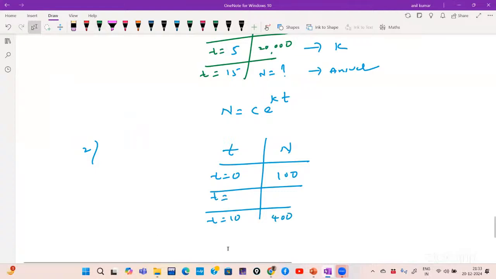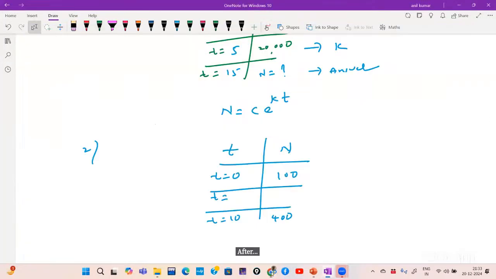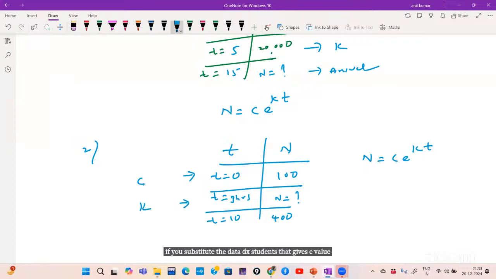I think the question is after 3 hours. Use the formula N equal to C e power kt. If you substitute the data, dear students, that gives the C value. Substitute this, it gives the k value and it gives the answer.